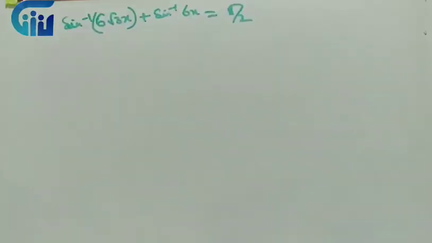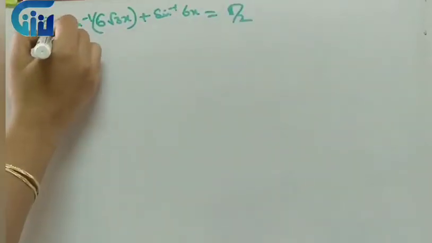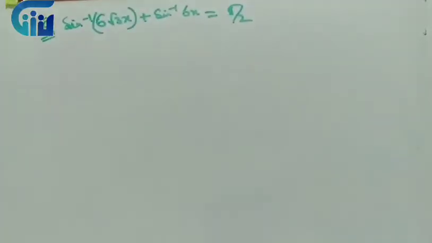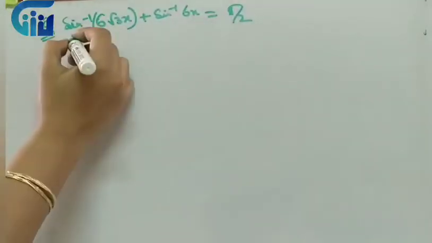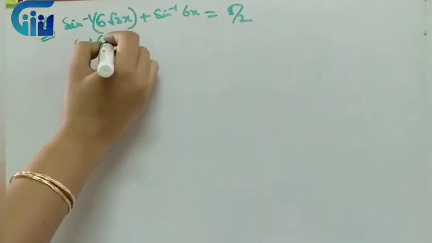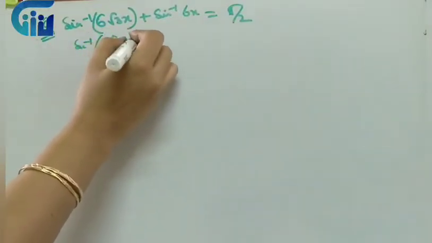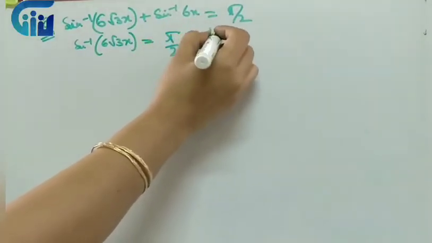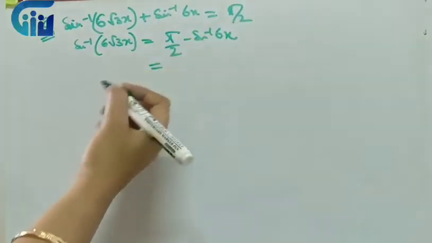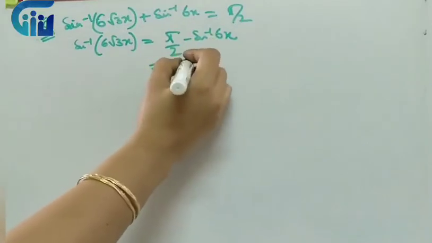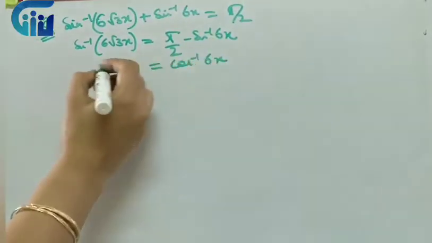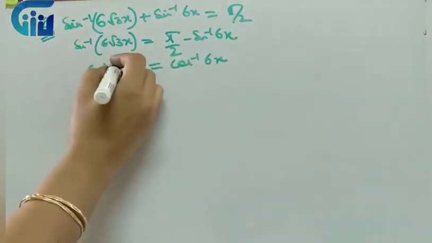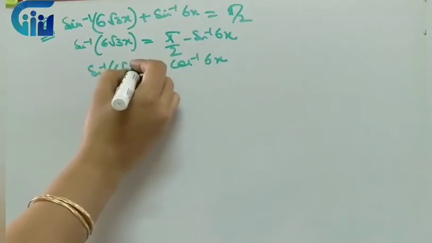And now a very important question. We have sin inverse 6 root 3x plus sin inverse 6x is equal to pi by 2. So what again I will do? I will write this sin inverse 6 root 3x over here and I will take the other term to the other side. Now pi by 2 minus sin inverse 6x will give me cos inverse 6x. So this is sin inverse 6 root 3x.